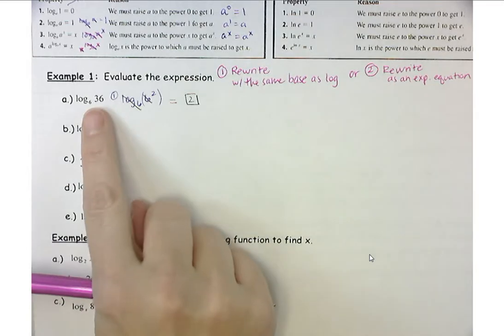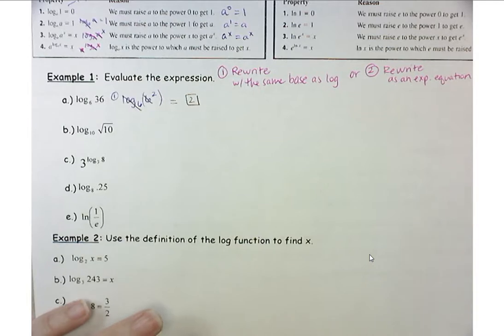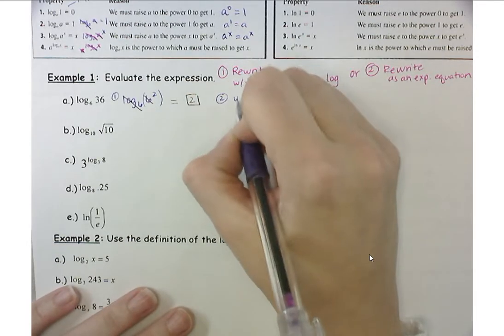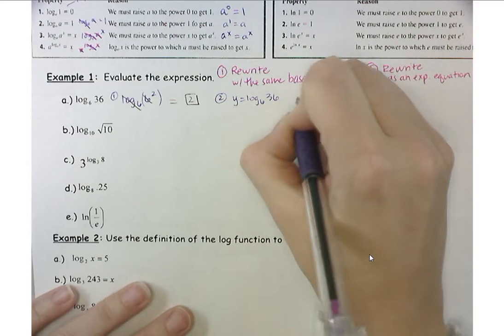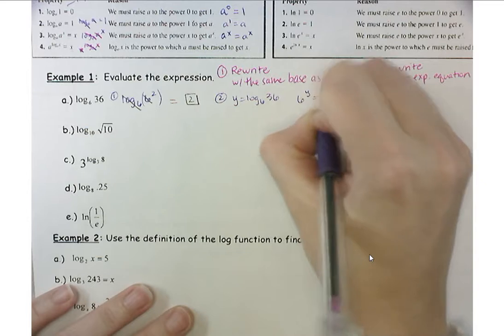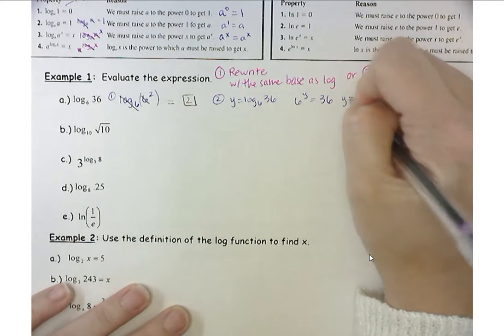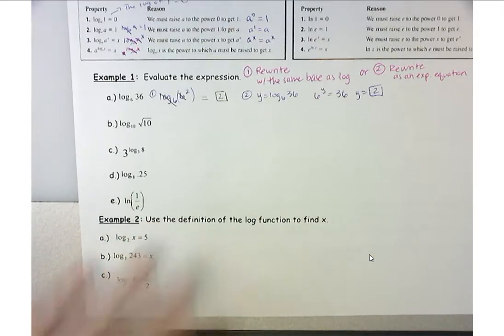Now, this doesn't have it equals anything, but that doesn't matter. You can think of it as y equals log base 6 of 36. And then Reese was saying, oh yeah, 6 to the y equals 36. And 6 to what power would make 36? 2.